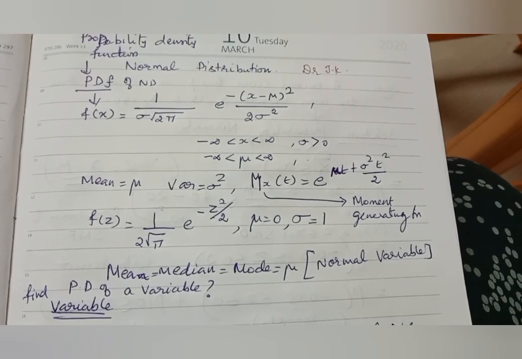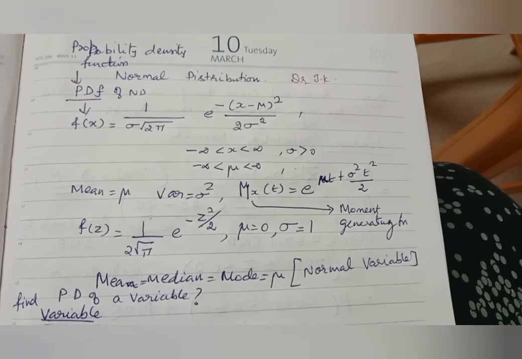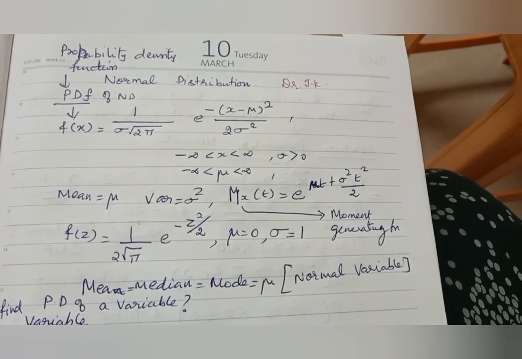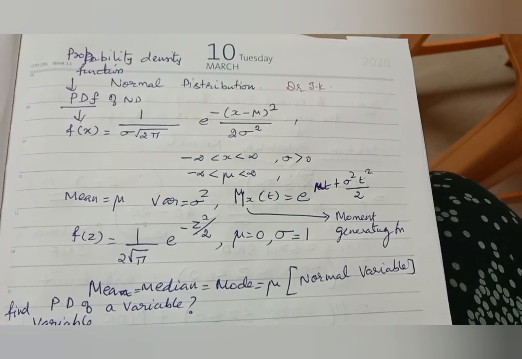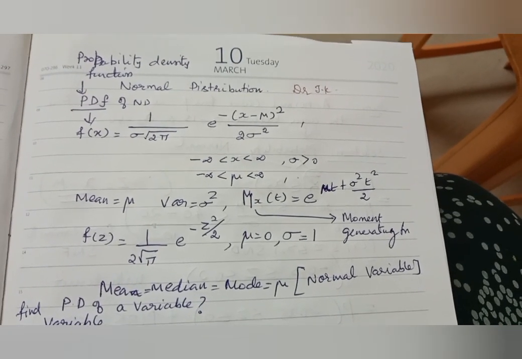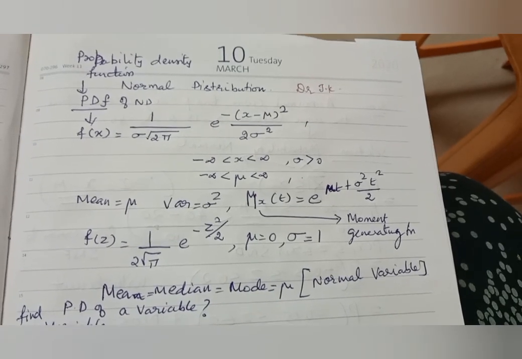And mean is equal to mu, variance is equal to sigma square. The moment generating function is M_X(t) is equal to e power mu t plus sigma square t square by 2. So these are the normal distribution formulas.